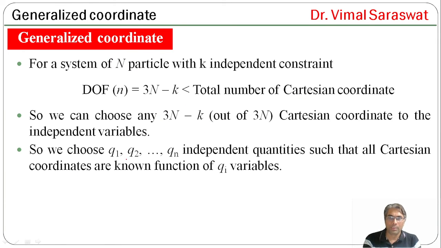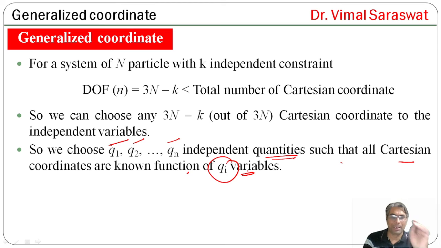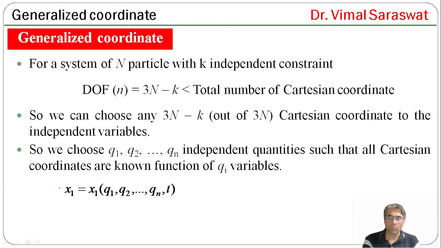So we choose q1, q2, qn independent quantities such that all Cartesian coordinates are known functions of the qi variables. So x1 will be a function of q1, q2, qn and t.